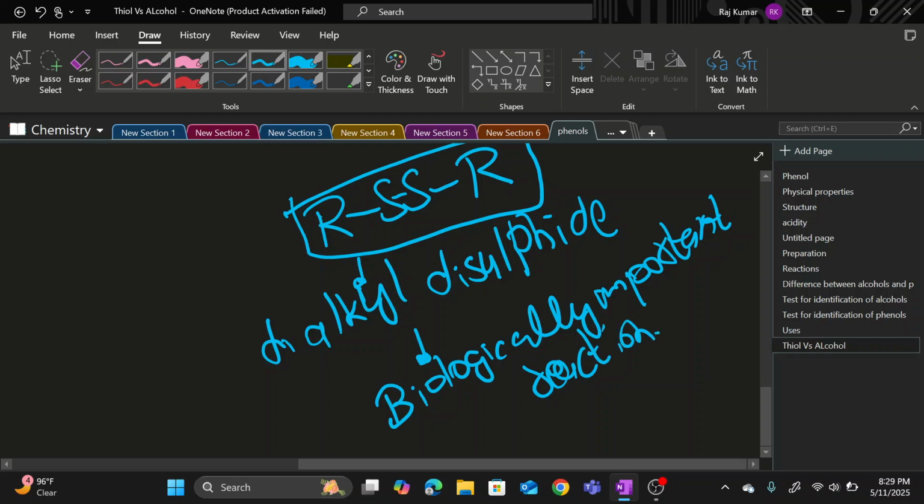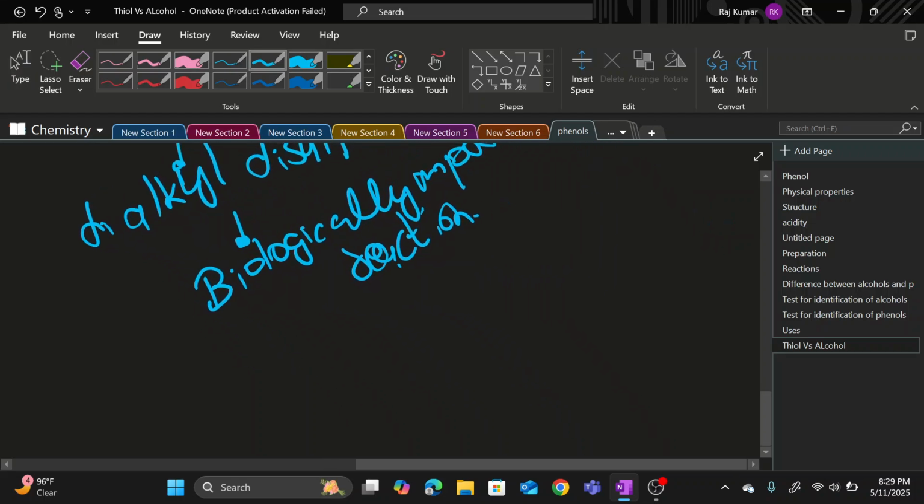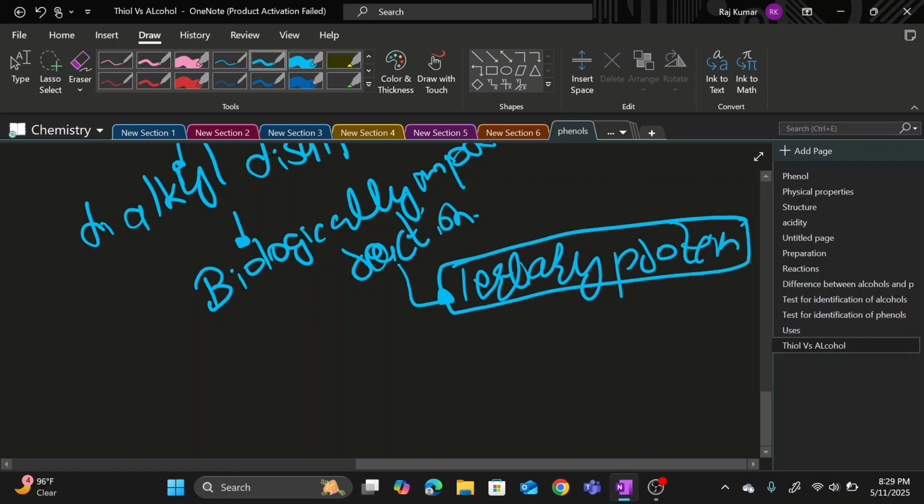We have heard that there are certain amino acids, certain proteins which we call tertiary proteins. We are going to study the structures of proteins in the upcoming chapters. But tertiary proteins, for now, have a special kind of physical force, which is known as a disulfide bond, also known as a disulfide bridge.